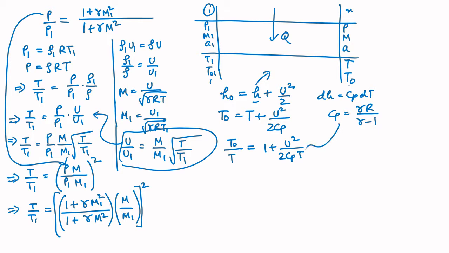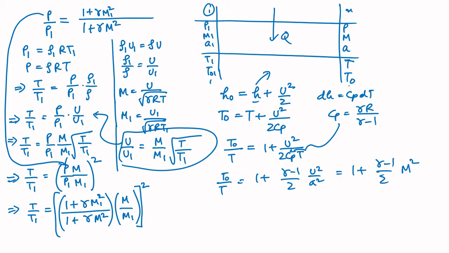So we can put this Cp value here, and we get T0 by T is equal to 1 plus gamma minus 1 by 2 U square by a square, which is equal to 1 plus gamma minus 1 by 2 M square. This is a very standard relationship which you know from gas dynamics.